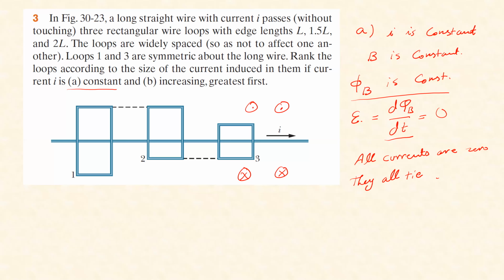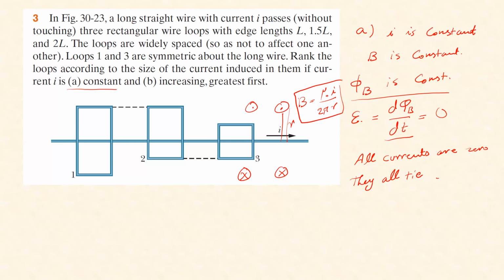What about if the current is increasing? What can you say about that? Remember, this magnetic field at distance r is B equals mu naught I over 2 pi r.